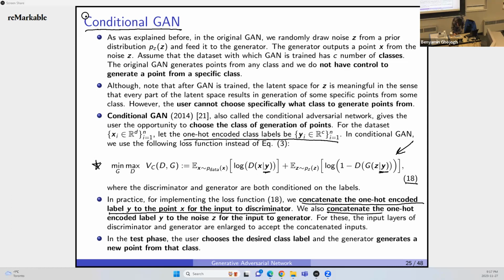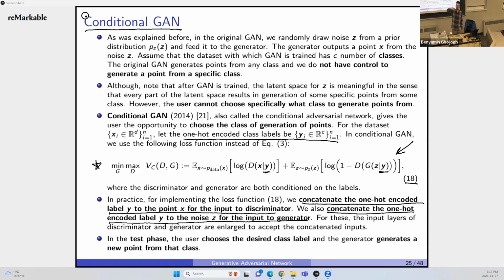We also concatenate the one hot encoded label Y to the noise for the input of the generator. So for both discriminator and generator, I concatenate the label to their input. In this case, the generator learns to generate data for that label, and the discriminator also considers a label for discrimination.